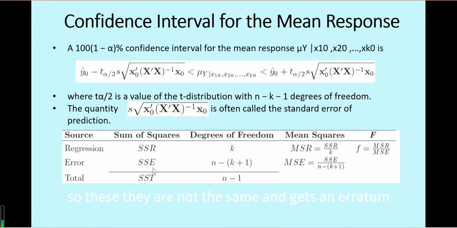So they are not the same and we get an error term. Then we take the square of each error term and put them together. This is called SSE. And SSE divided by n minus k minus 1 is called MSE. This is s square. Then we take the square root, and we get this S. So everything is ready, and we can calculate the confidence interval for the mean value of y given x value.